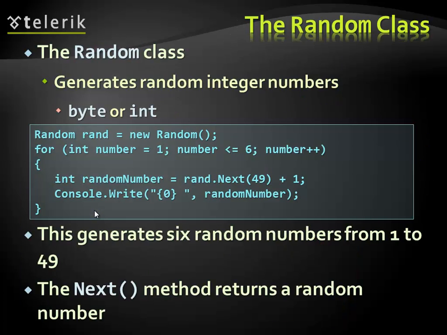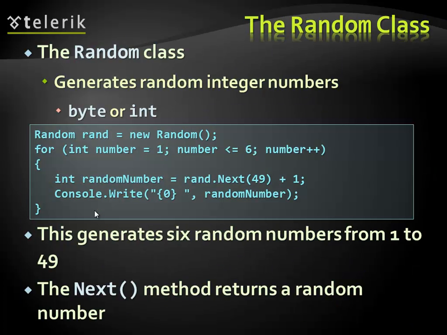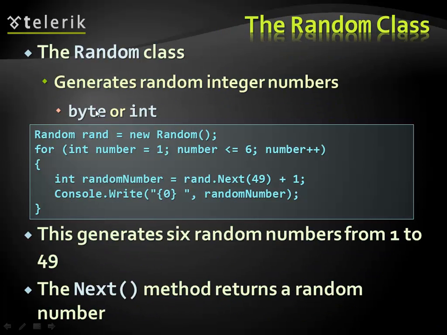Okay, this is an example of a class that is going to generate some random strings of characters. So we're starting here with a loop that is going to generate 6 numbers. There's a loop running from 1 to 6. We have here an instance of the Random class that we've seen earlier, which is initialized with the default empty constructor. That means it's taking its seed by itself. We are not supplying it.